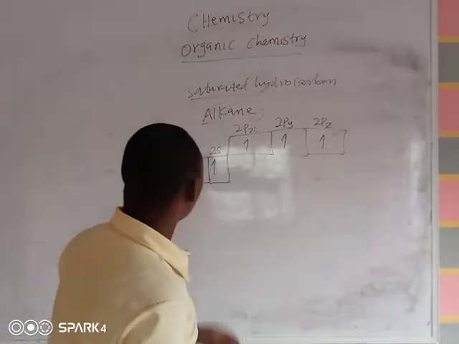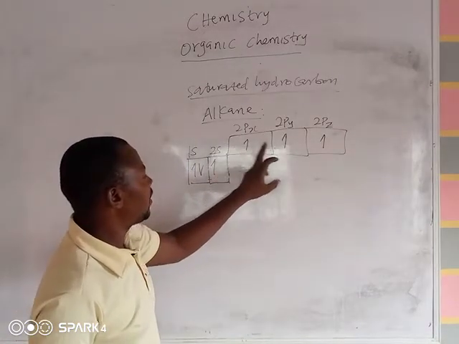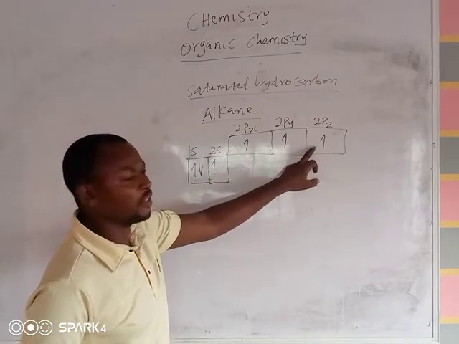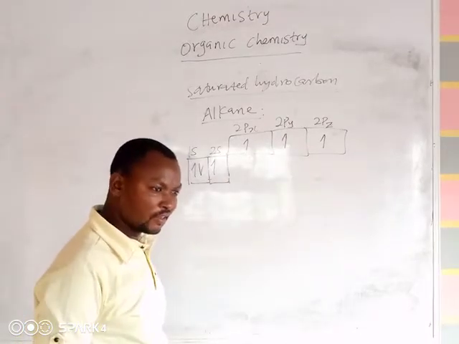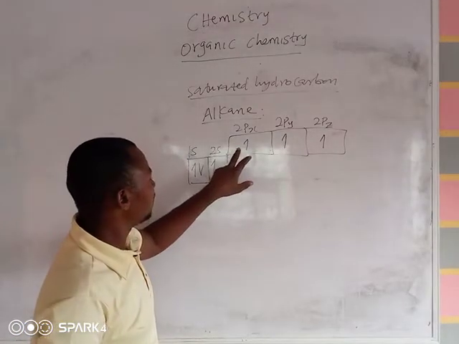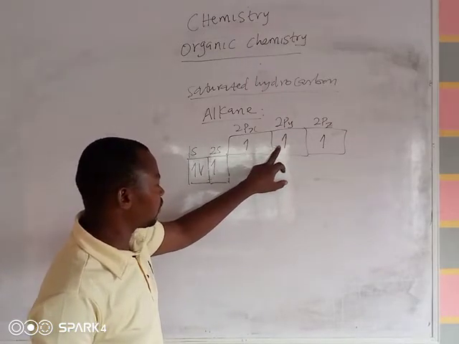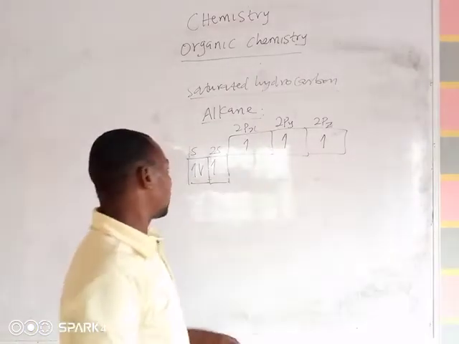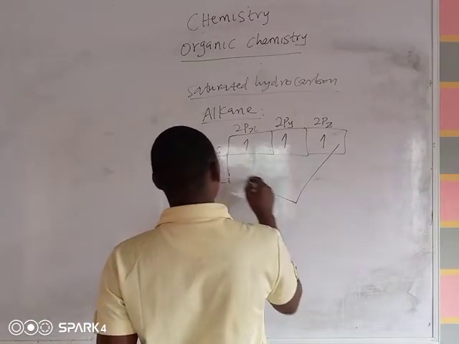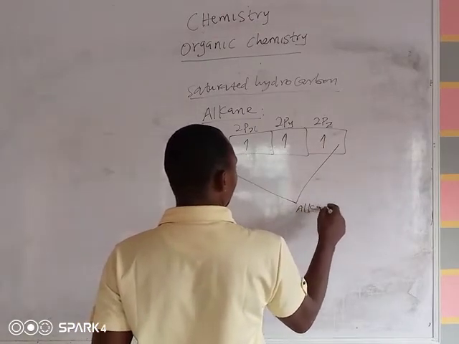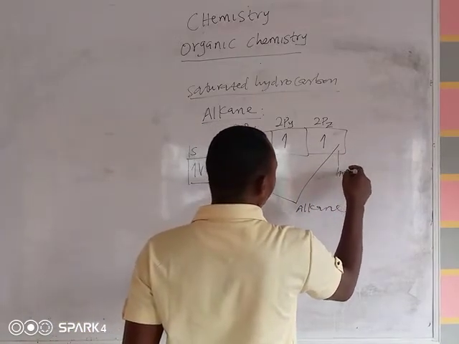So now, this 2s here, if it escapes this orbital and this orbital and joins with this last orbital, we say we are having alkane. If it escapes this orbital, instead of joining with this orbital, it refused and joined with this last orbital, you see, we are having alkane. And this orbital is called hybridized.